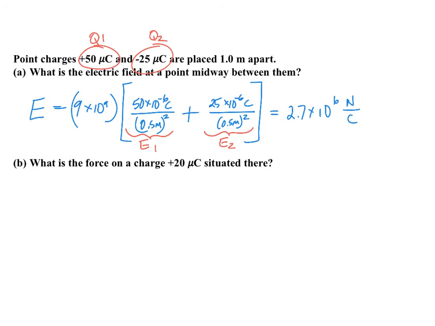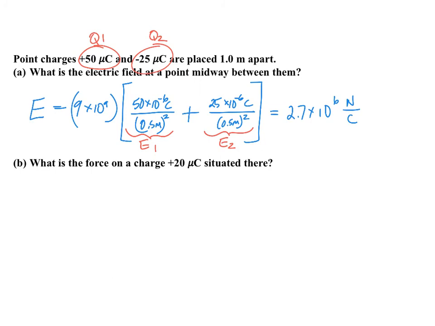So this is a superposition, netting of the interaction, be it a force or a field, whatever, field strength in this case. You could have just done them separately and got the same answer, or you could write it out this way. That's almost 3 million newtons per coulomb. All right, that's a lot.